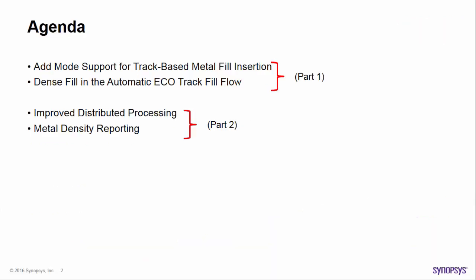Agenda. As mentioned in my previous presentation, IC Validator in Design Update Training has been divided into two parts. Part 1 consists of the following features: add mode support for track-based metal fill insertion, and second, dense fill in the automatic ECO track fill flow.